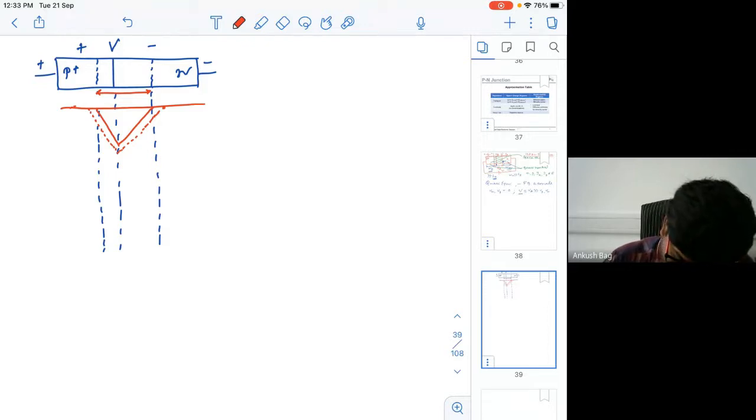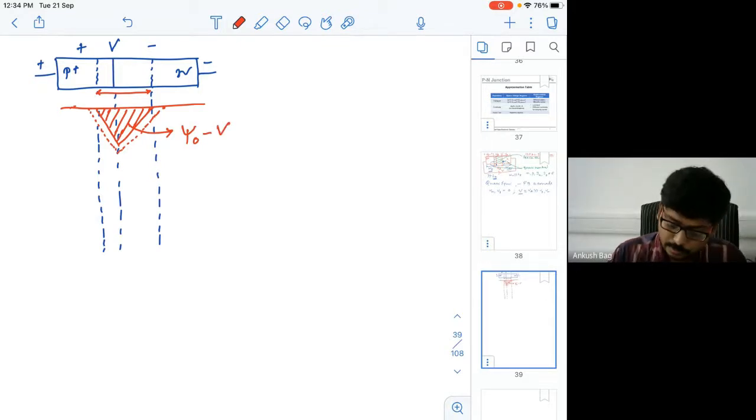After applying the forward bias, your electric field variation is this one. The area under this electric field distribution represents the built-in potential minus the forward bias V.